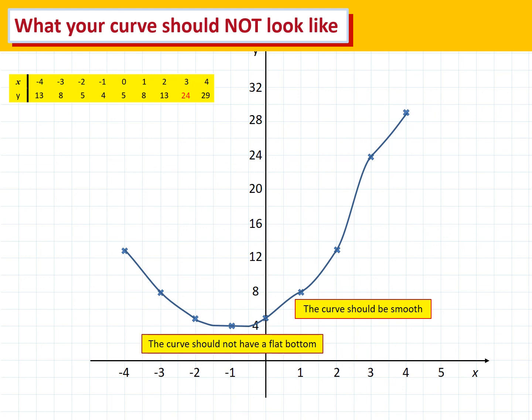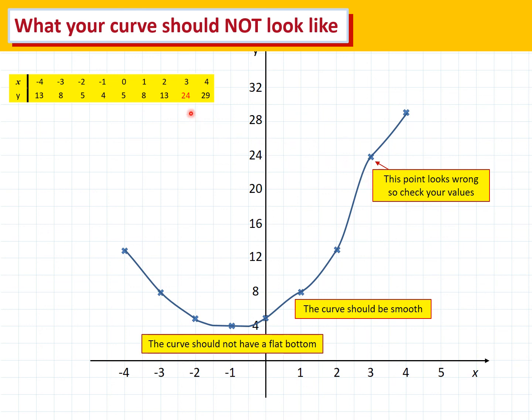The curve should be smooth. We can see there's a little kink here in the curve. Okay, shouldn't be there. And this point here doesn't look right because again the curve has got quite a big kink in it here. It sort of kinks inwards. It doesn't look right.